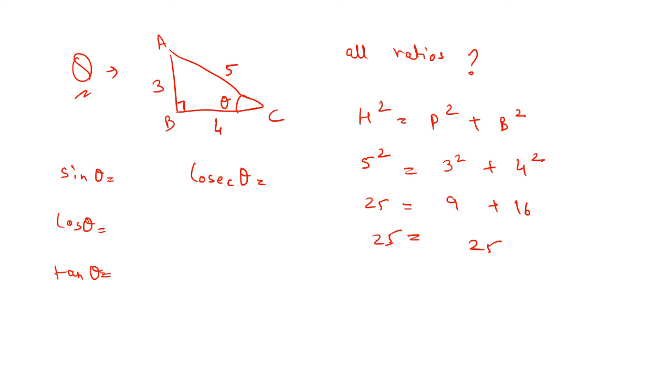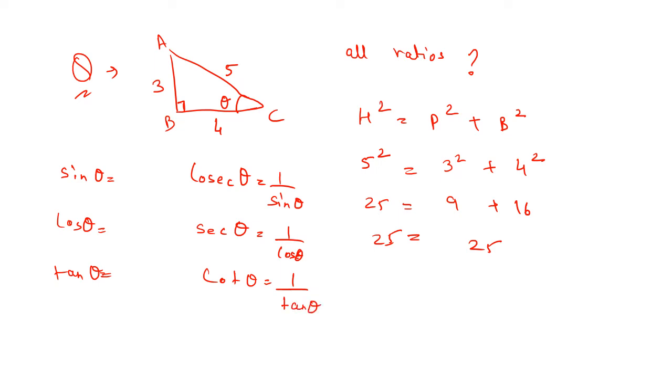Cosec is 1 upon sine theta, the reciprocal of sine theta, here will be the reciprocal of cos theta, and here you will write the reciprocal of tan theta.